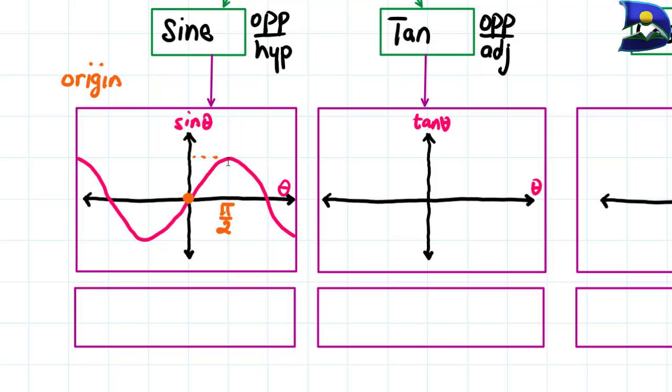If we move to the other side and check -pi over 2 as our angle, our result for sine is -1. This symmetry is noticed as we move an equal distance to the right and to the left.